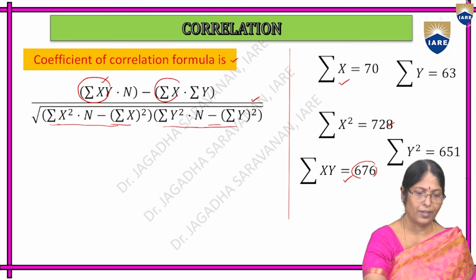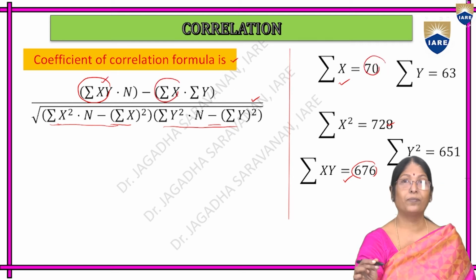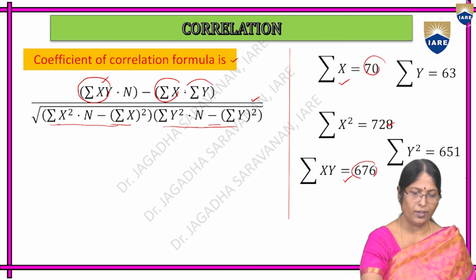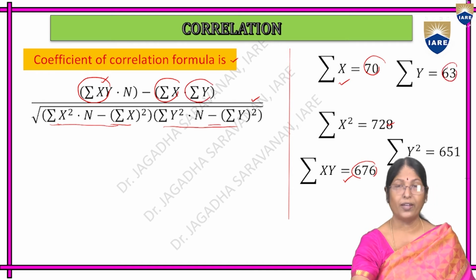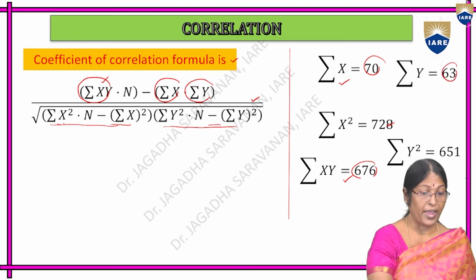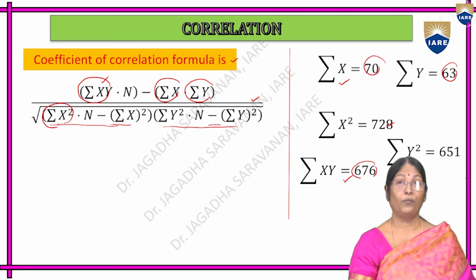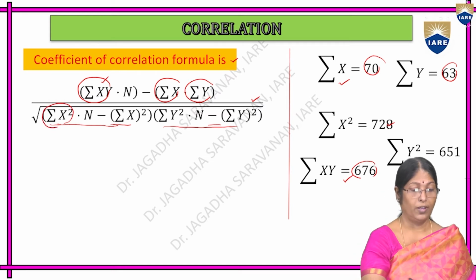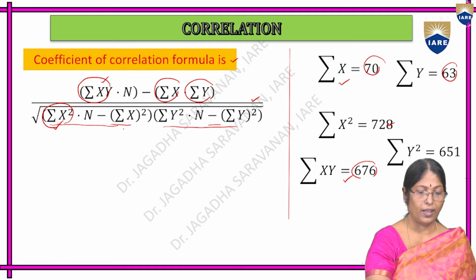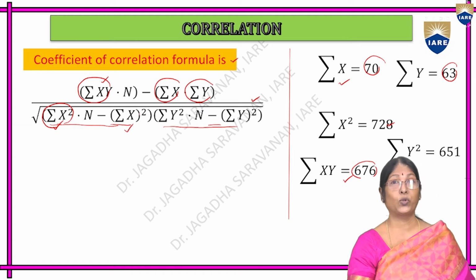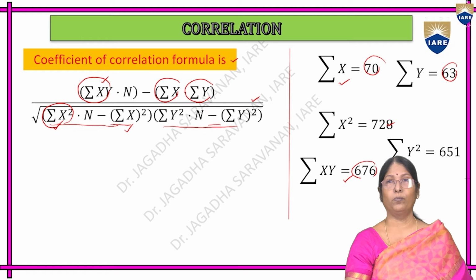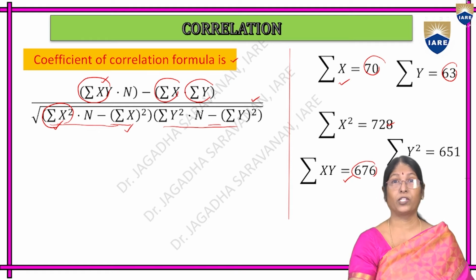Summation x, here is the value. Summation y, here is the value. Summation x square. We have to be very careful. Summation x square and summation x the whole square are both different. There is room to commit a careless mistake.